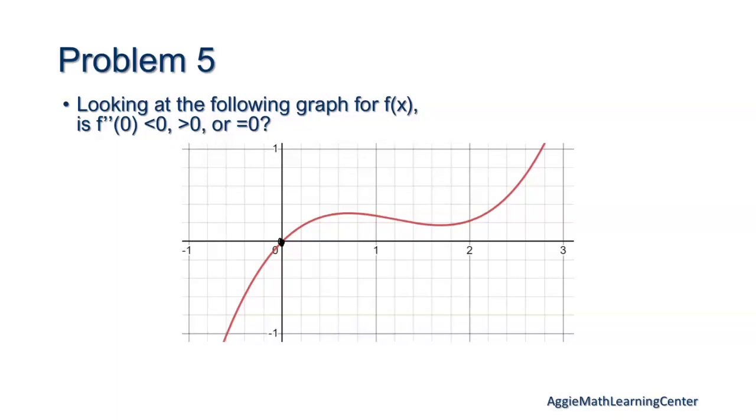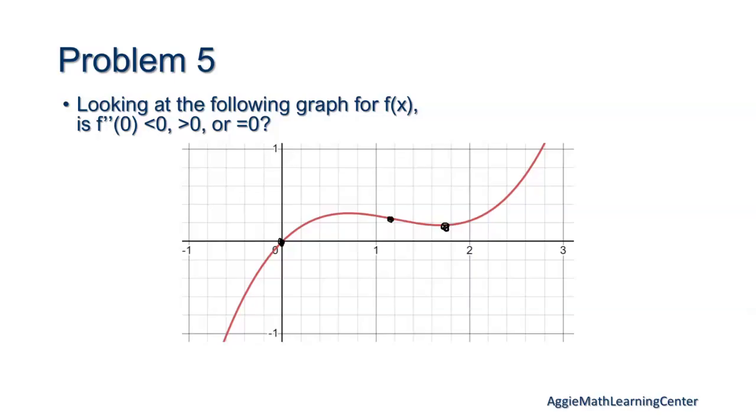Okay. At this point right here, is it concave up or concave down? Concave up, right? What about right about here? Let's imagine I drew it at the perfect spot where it's changing concavity. It's neither, it's an inflection point.